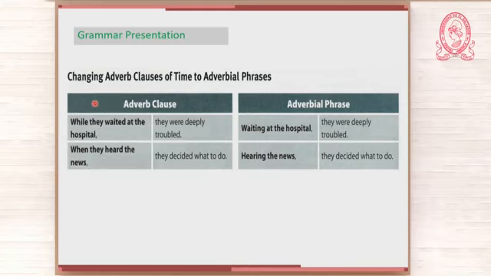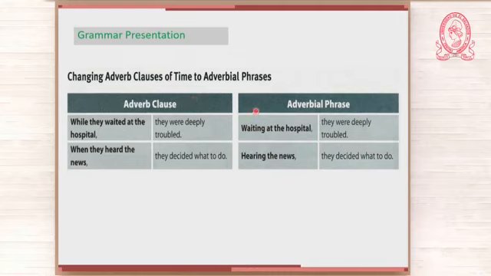I don't want to use an adverb clause. I want this changed to an adverbial phrase. What do I do? I omit the subject and the principal verb is changed to the ing form to make a present participle.